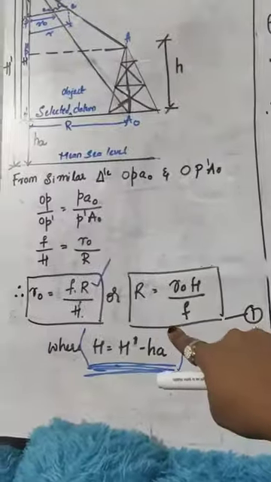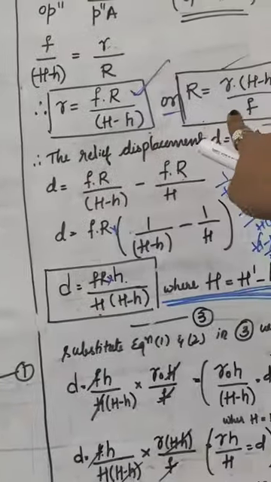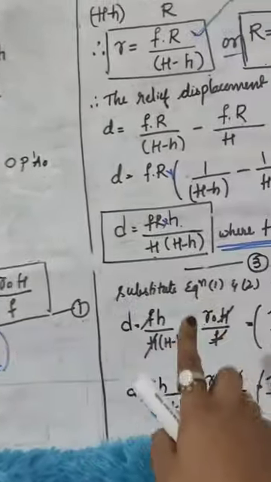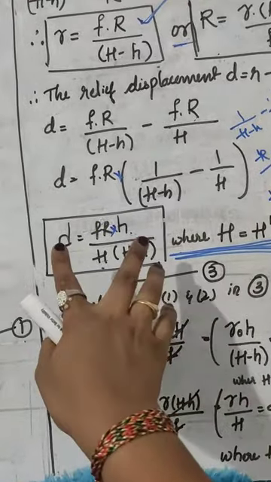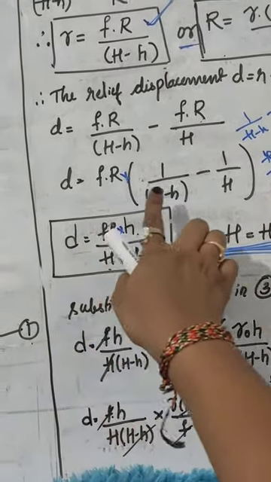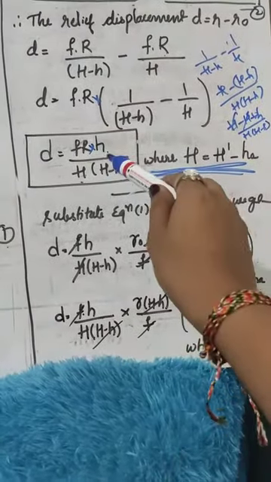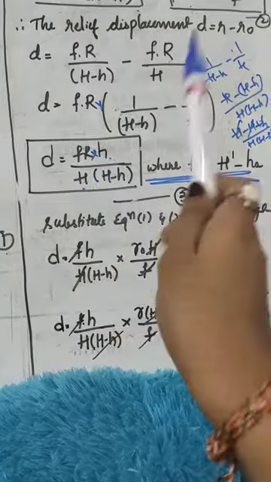For both the similar angle triangles, we have extracted the capital R formula also. So to substitute these two formulas, what we are going to do is, from this entire equation, we will take r outside. For this equation 3, or else you can directly substitute into this equation itself.